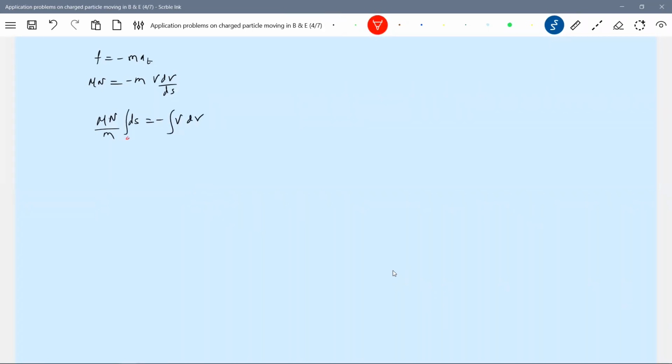Initially, let the initial velocity be v naught. Finally, it will come to rest, and the total path length, let me call s. S is not displacement, so let me write here, this is s only. So this will become mu N m s equal to v square by 2, from v naught to 0.